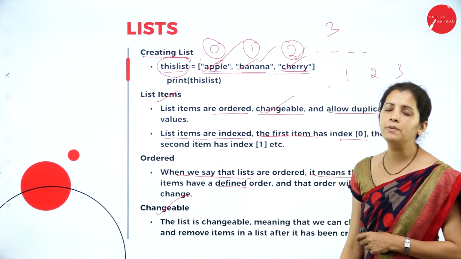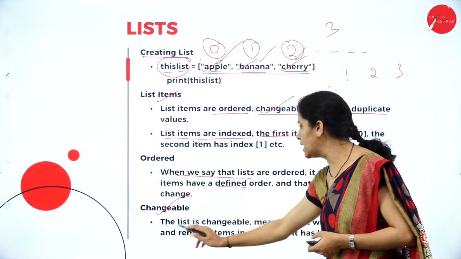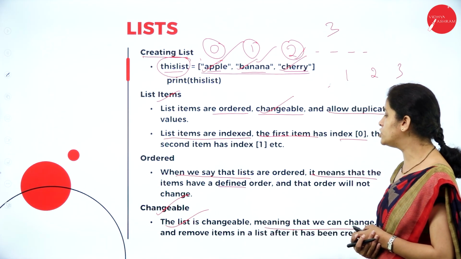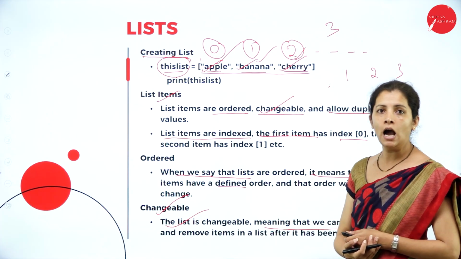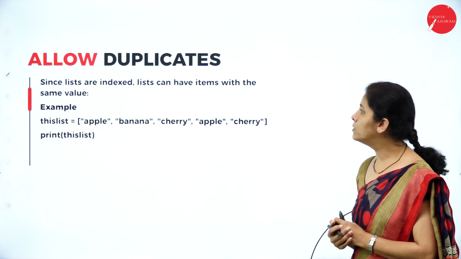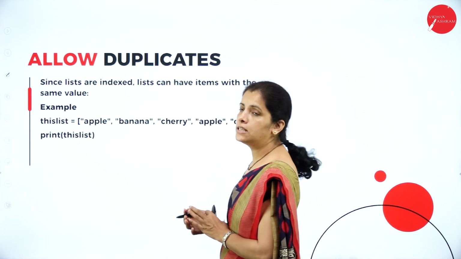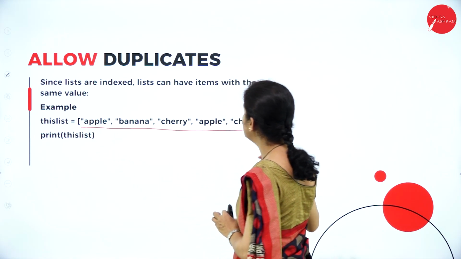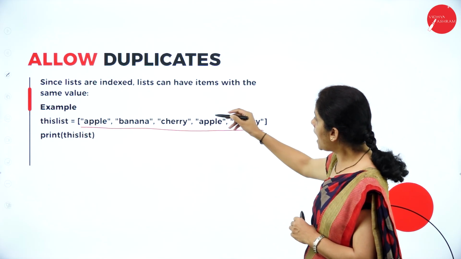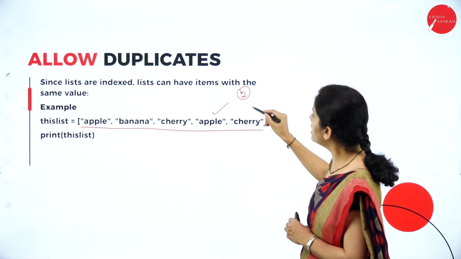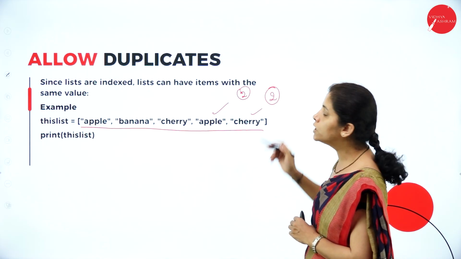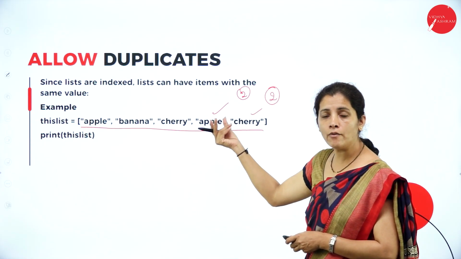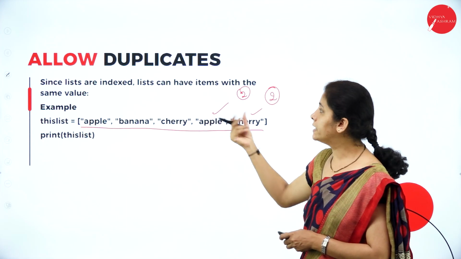So what is changeable? Mutable. The list is changeable means that we can change and remove items. Now, it allows duplicate entries. See here, if I consider this list creation, I have apple twice, even I have cherry twice. So what's the meaning? A list can have duplicate entries.